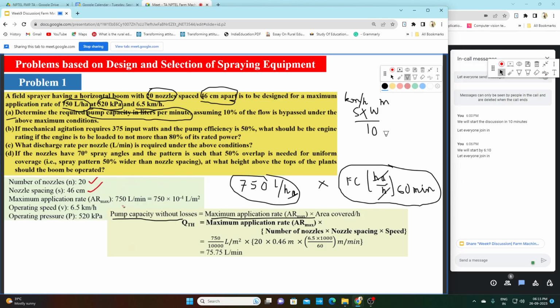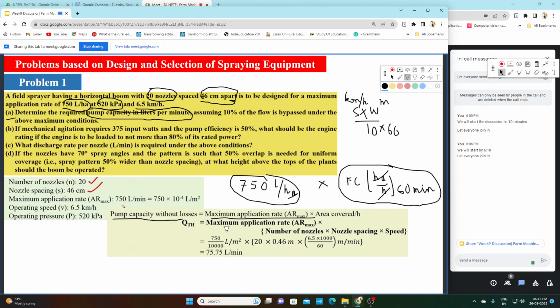As we want the answer in liter per minute, we have to divide by 60, that is, multiply by 10 and 60 together. So if we apply this formula, maximum application rate times speed times width of the implement divided by 600, you will get the answer.